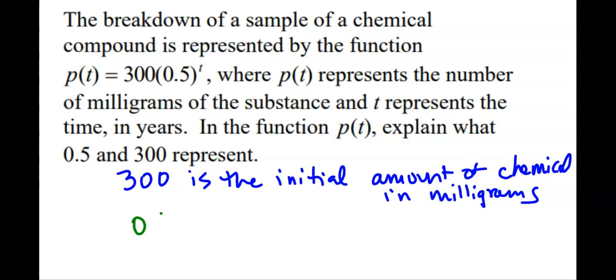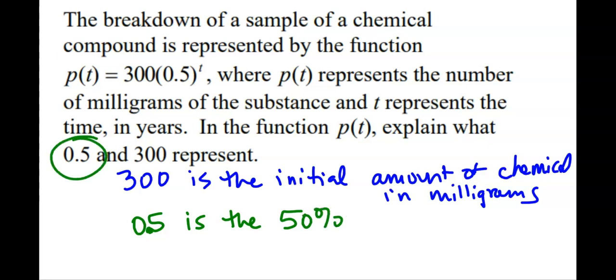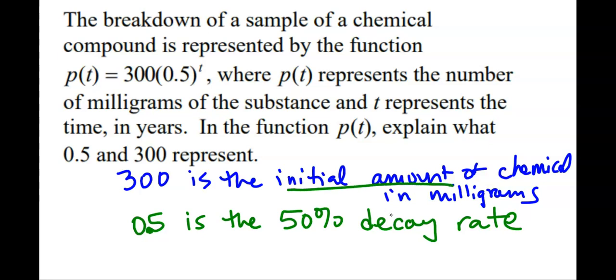And the 0.5 is the 50%, because this is not a percent yet, the 50% decay rate. Or you could say rate of decay. So we say initial amount, that's explaining, and we say whether it's growth or decay.